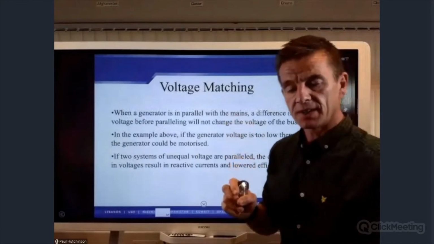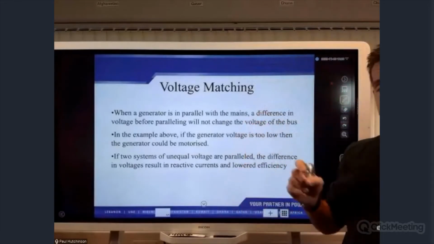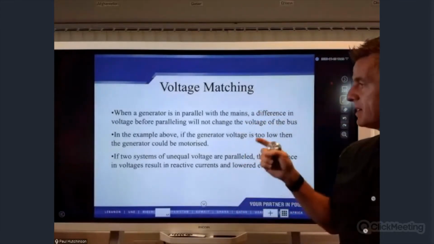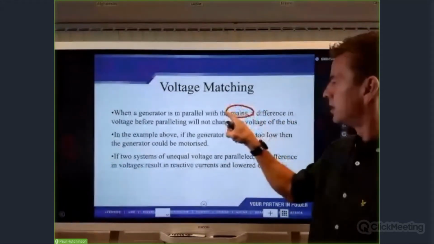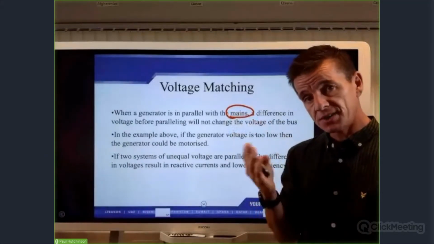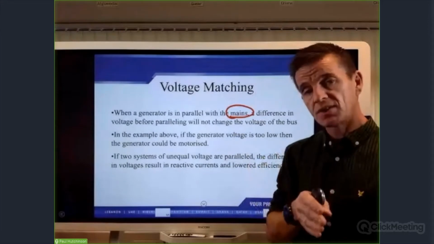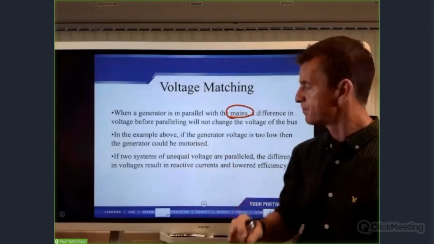So voltage matching, continuing on. When a genset is in parallel with the mains, a difference in voltage before paralleling, remember we're talking here about synchronizing a genset with the mains, not genset to genset.